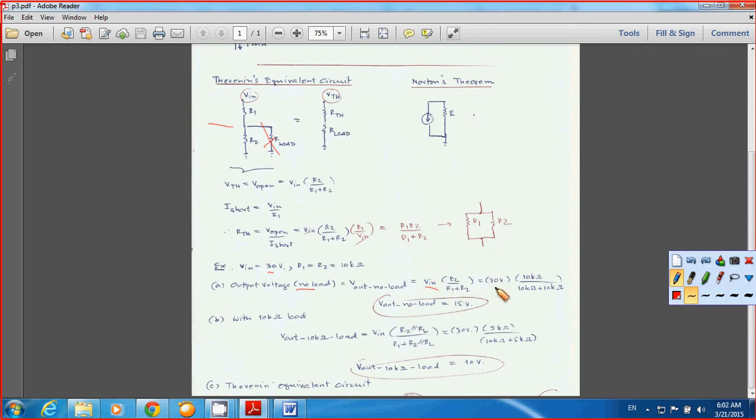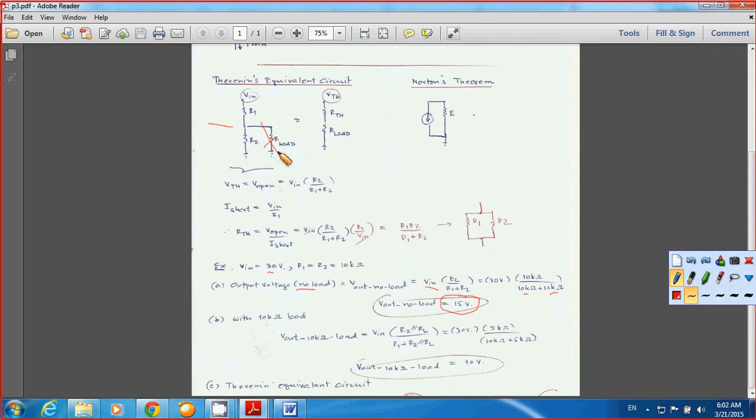You plug in the numbers: V in is 30 volts, R1 and R2 are both 10k ohms. You end up with V out no load becoming 15 volts. This is your output with no load.